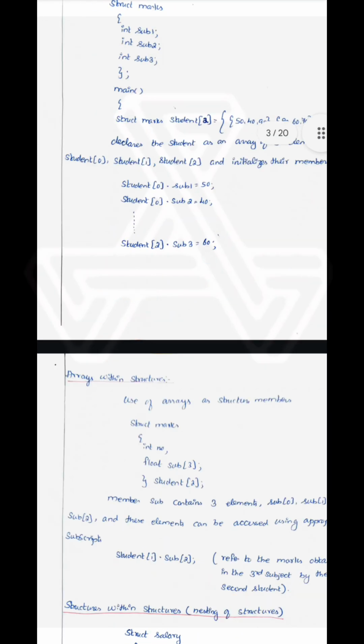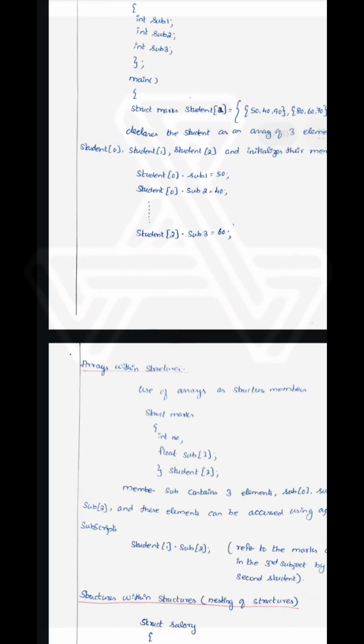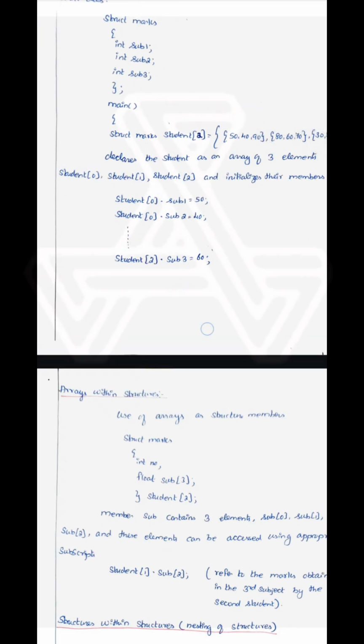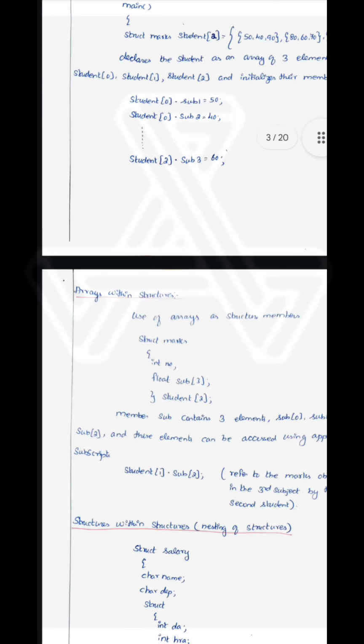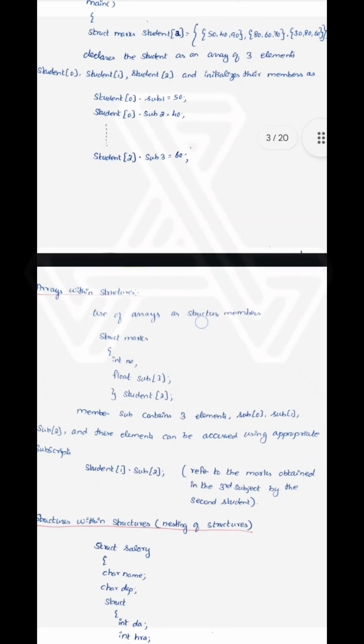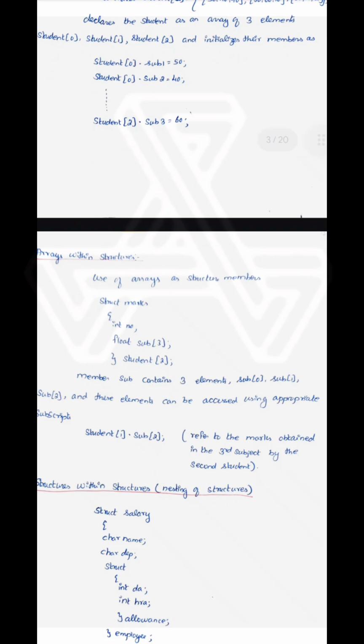Then arrays within the structure, that is, the use of arrays as structure members. That will be like float subject[3] inside the structure. Member sub contains 3 elements.